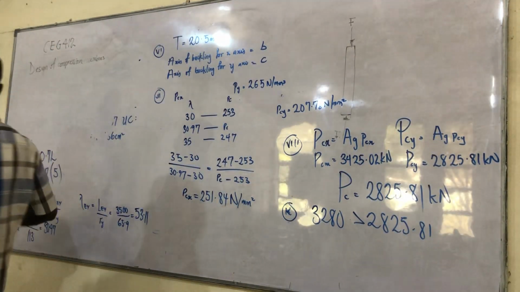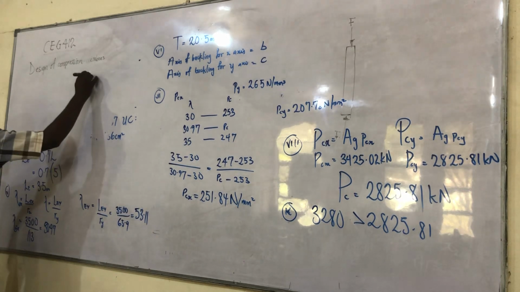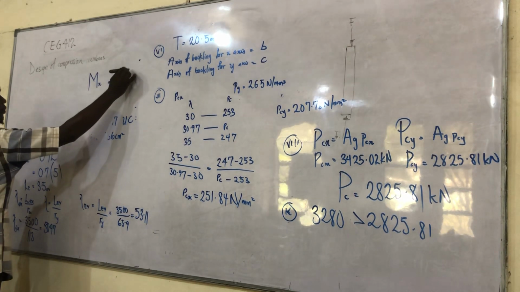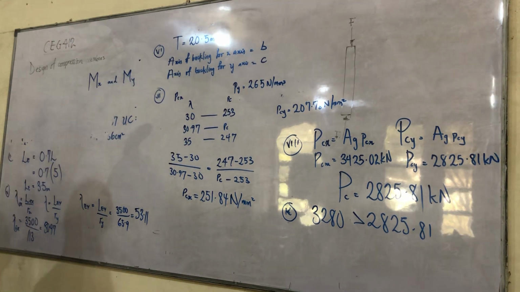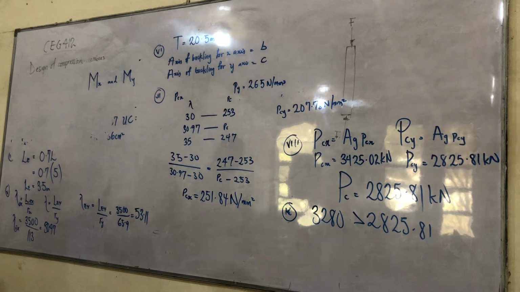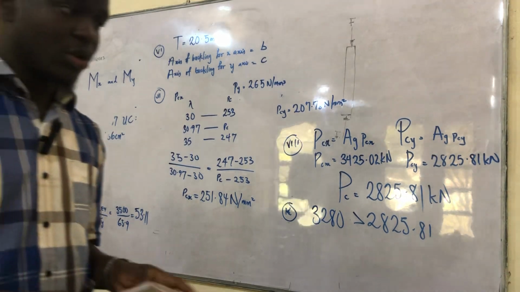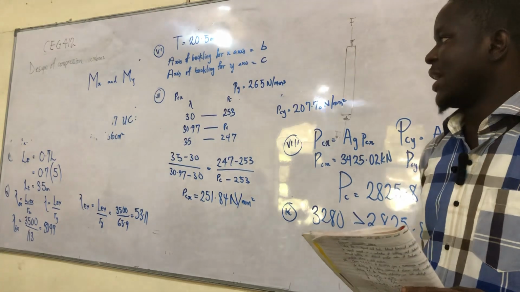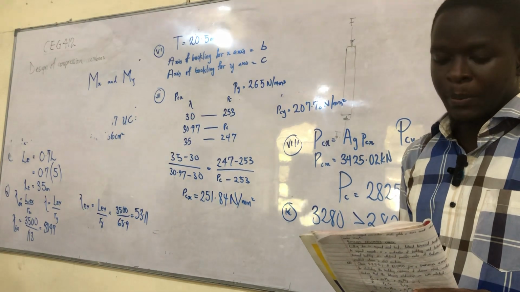Now, in this case, you are using capital letter MX and capital letter MY. Should I come again? Determine ultimate axial load FC and bending moment MX and MY.